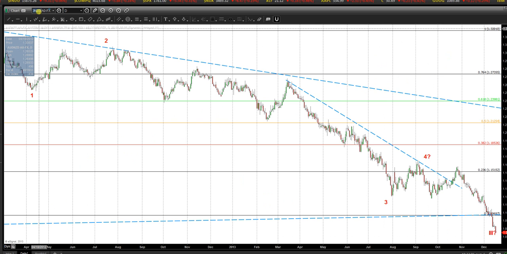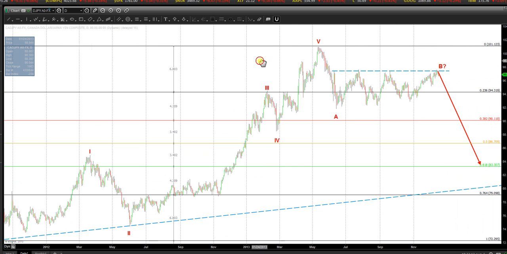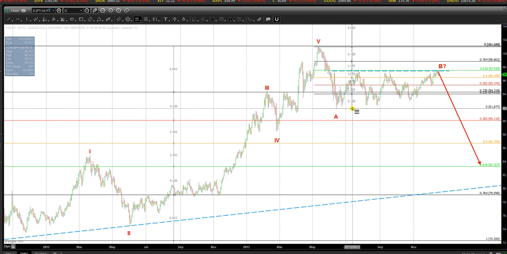Now as I jump on the daily charts, just to get a bit of perspective, we see we had that larger A and B wave which is completed, which I mentioned previously. So we saw that it's finding resistance along this horizontal trend line, and that horizontal trend line is also the 61.8% fib. So it's finding support at that level.